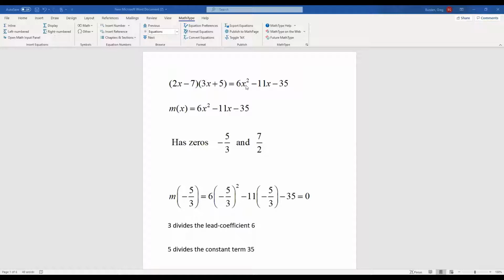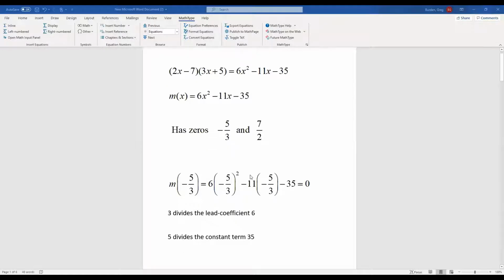If we think of this as a function, m of x, the zeros are exactly what we just found, negative 5/3 and positive 7/2. Remember, that means if you plug negative 5/3 in, m of negative 5/3 works out to be 0. You should check the arithmetic here.